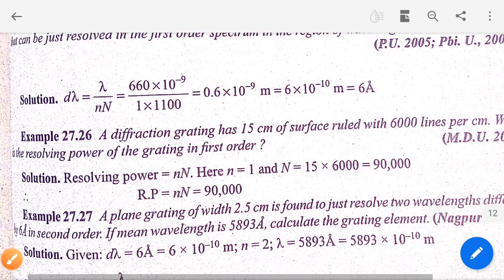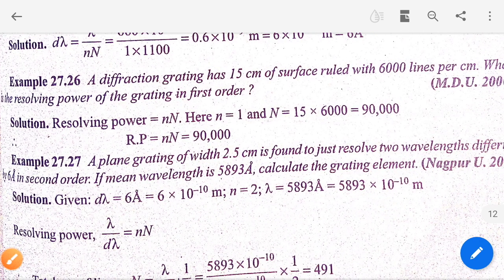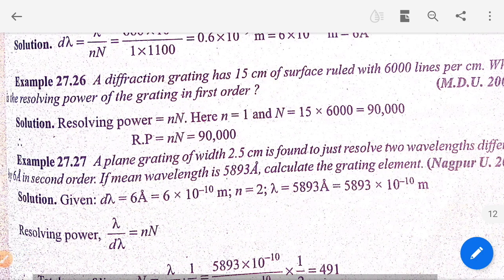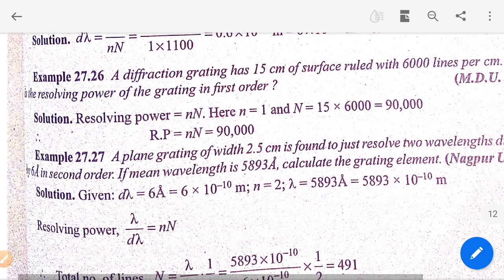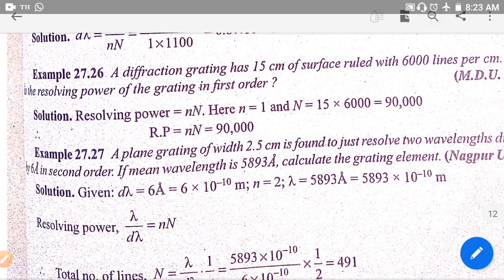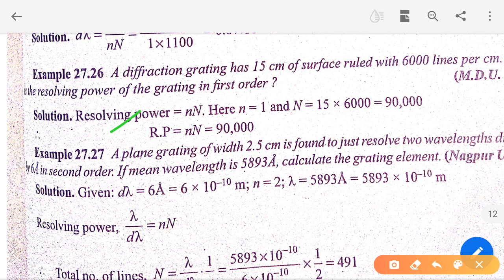Similarly, the next example question: a diffraction grating has a 15 centimeter surface ruled with 6000 lines per centimeter. What is the resolving power of the grating in first order? So here we calculate the resolving power. For the first order, n is equal to 1.